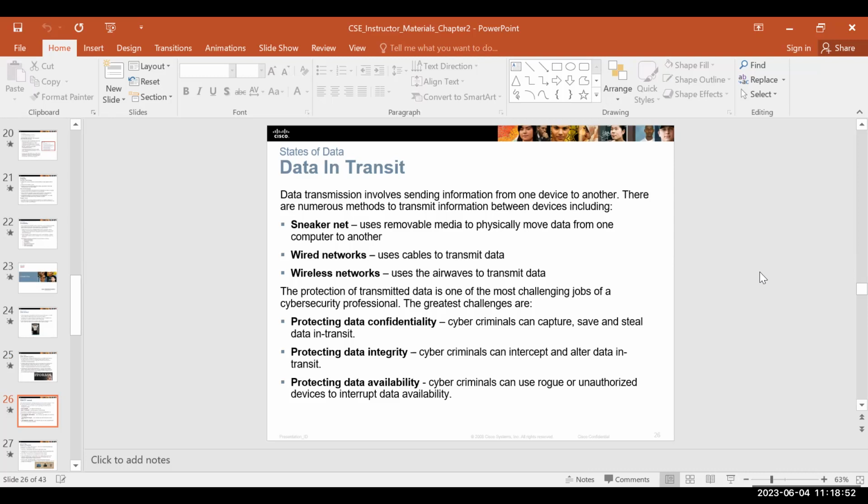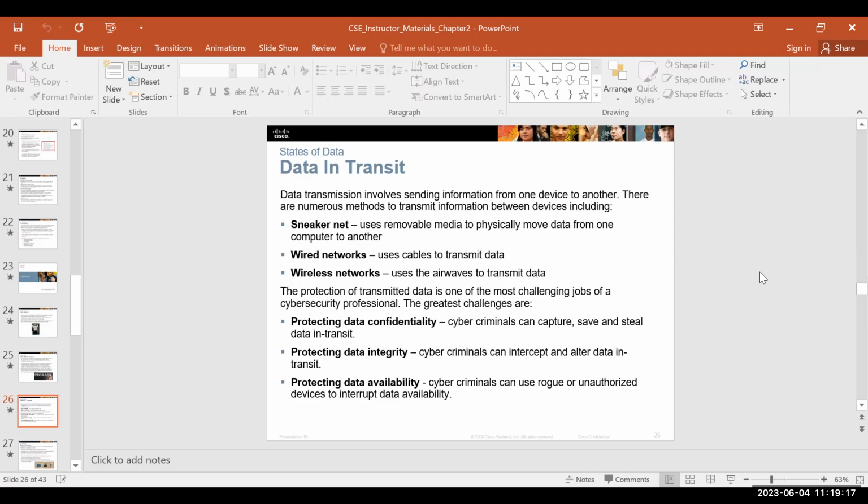So if you bring your flash drive, Ibrahim, to me and I copy a file, I'm transmitting data using a method called what? SneakerNet. All right. Wired networks use cables to transmit data. You can also use a data cable through what we call peer-to-peer. You bring your system, I bring my own as well, and we use a data cable to transmit data.